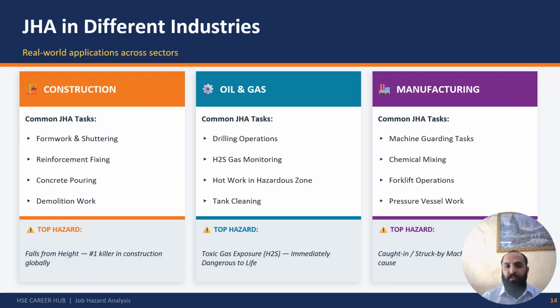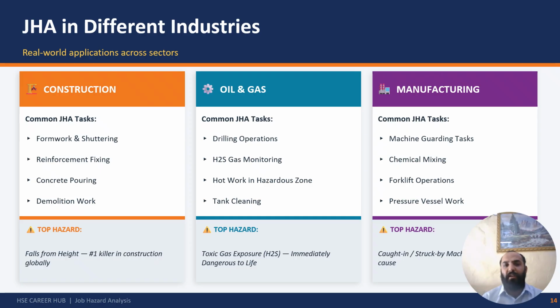A second industry, oil and gas. For those of you working offshore or in refineries or petrochemical plants, your critical JHA are around drilling operations, hot work in classified hazardous zones, H2S monitoring procedures, and tank entry and cleaning.